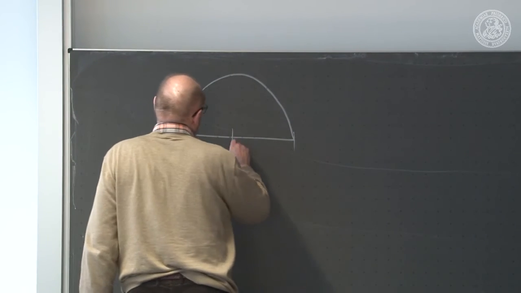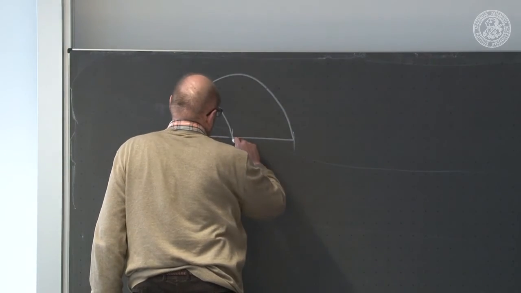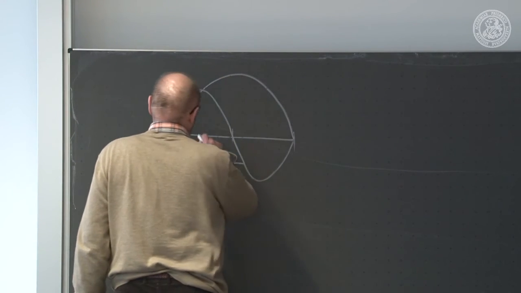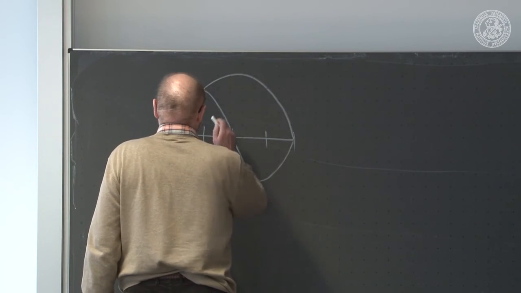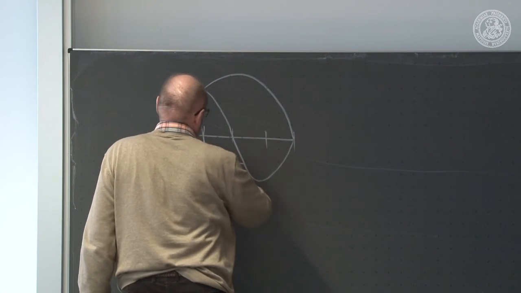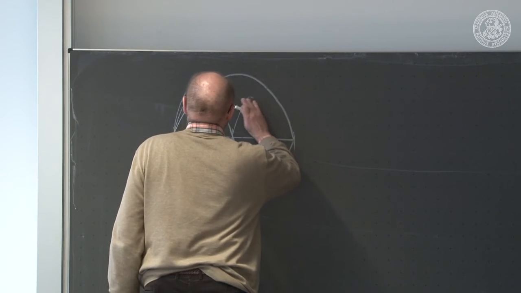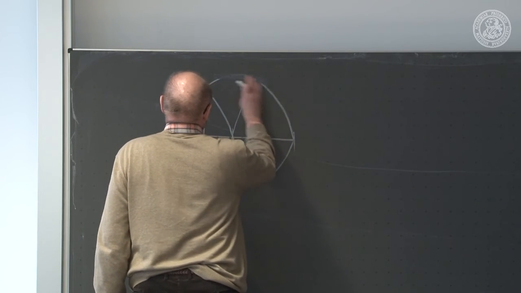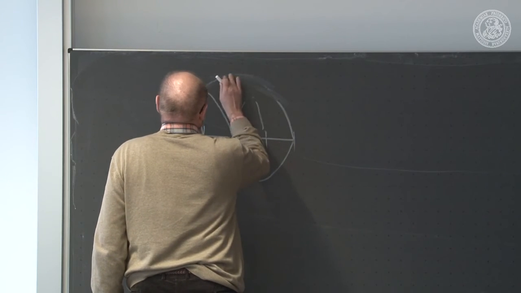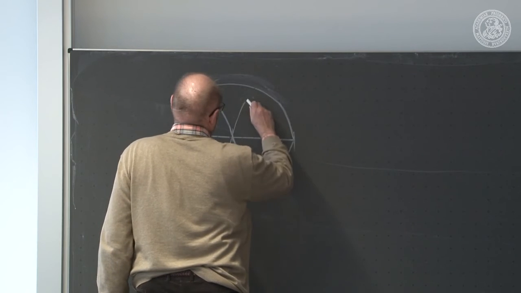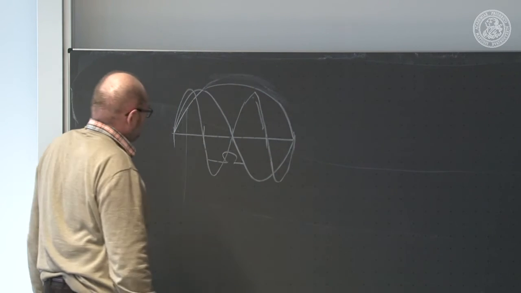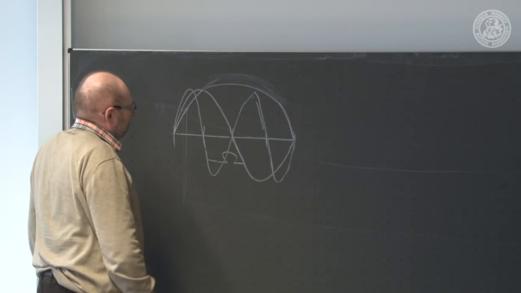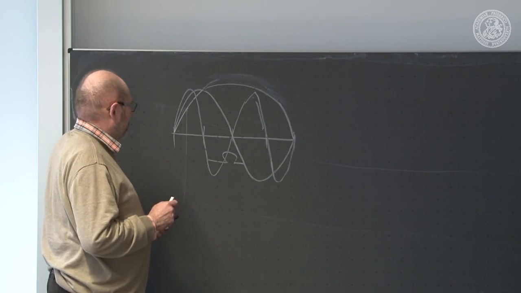The next one would be this one. The next one would be this one. Oops. Should be, of course, the same height. Would be this one. Why does it stop at some time?